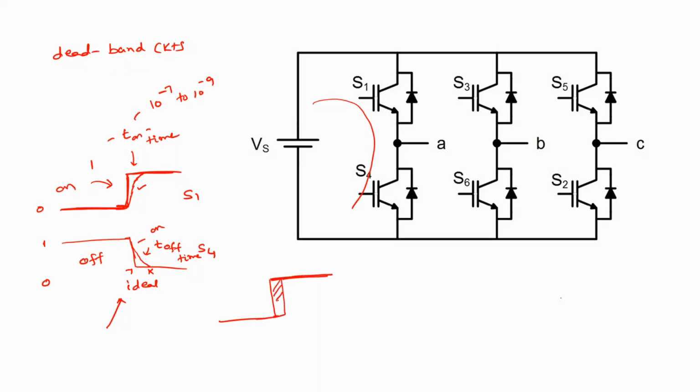So instead of turning on at the instant, we need to wait for 1 or 2 microseconds and make sure that the device is completely turned off, and then we turn on the other device. This time period is usually a 1 to 2 microsecond delay. In case of MOSFETs, this value may be 0.1 microsecond to 0.5 microsecond, or 0.2 microsecond, something like that.